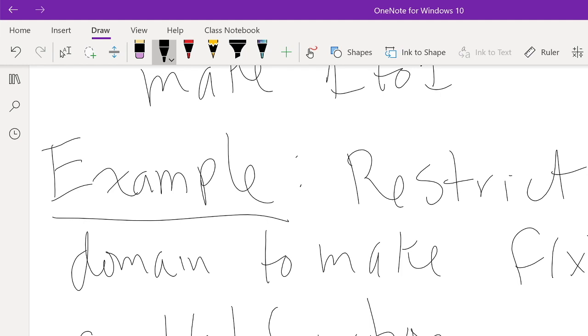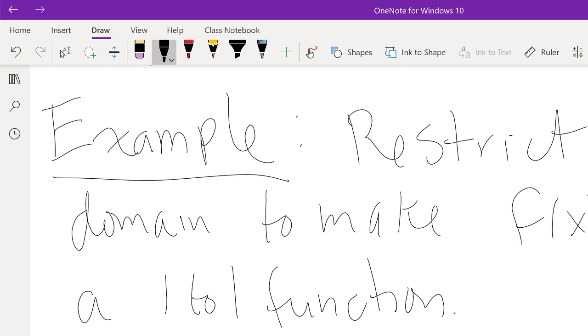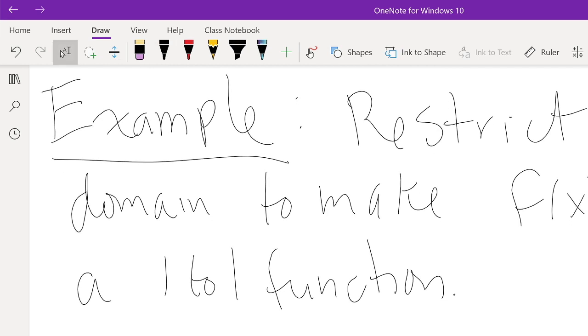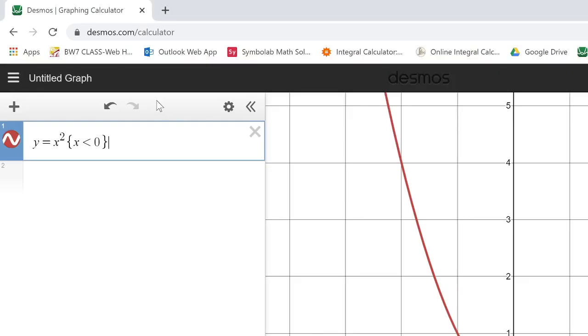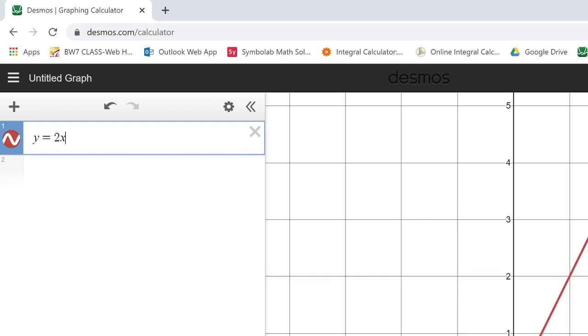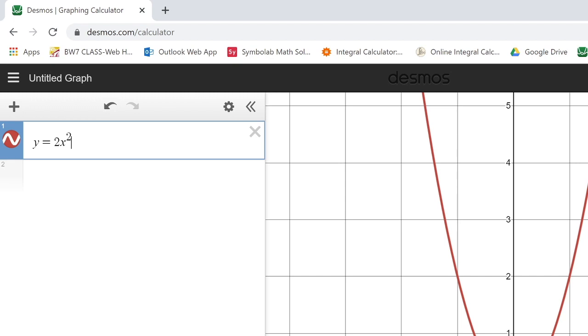Okay. All right. So now let's take a look. Well, first, let's look at the graph of this, right? Probably the easiest way to figure this out is to generate a graph. So let's look at 2x squared minus x to the fourth.